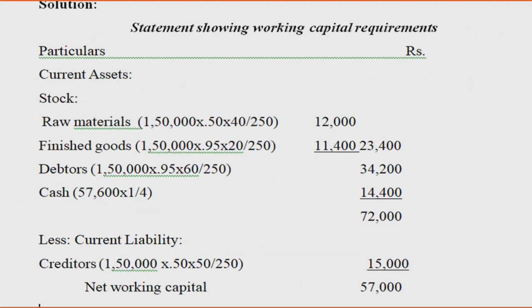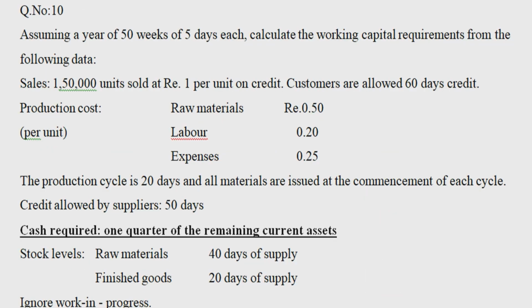Statement showing working capital requirements. Current assets. Raw material value they have given is 0.50. Total sales given is 1,50,000. So 1,50,000 into 0.50, and the stock level for raw material they have given is 40 days.